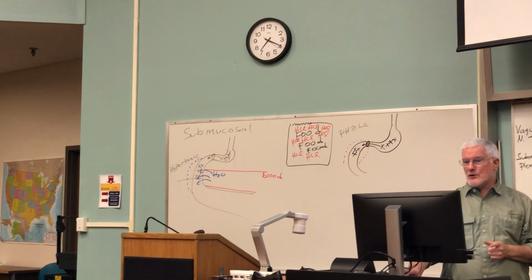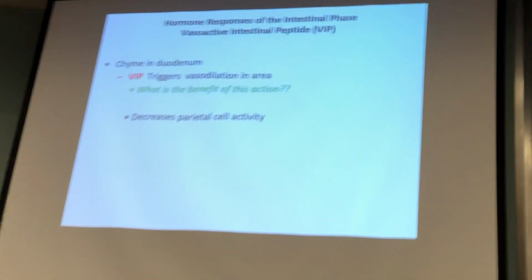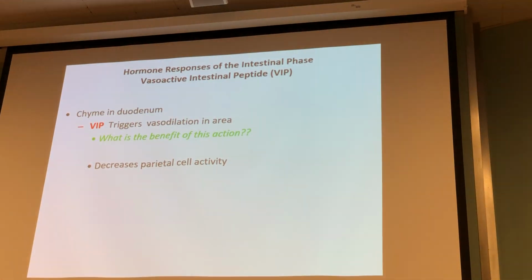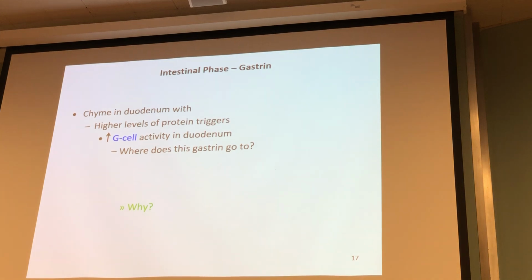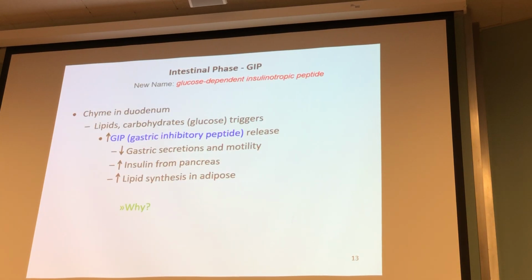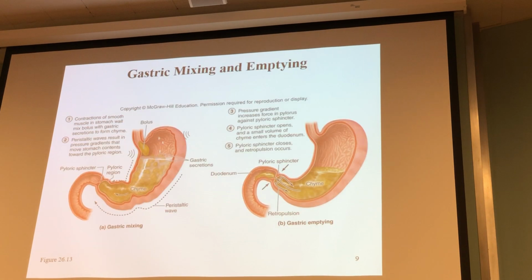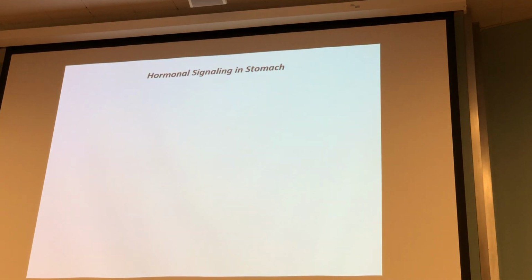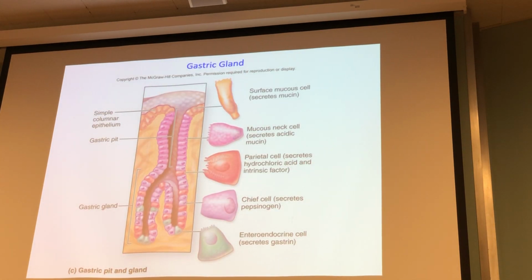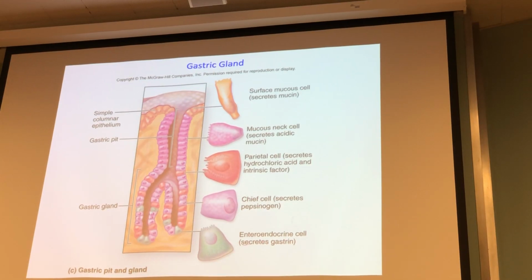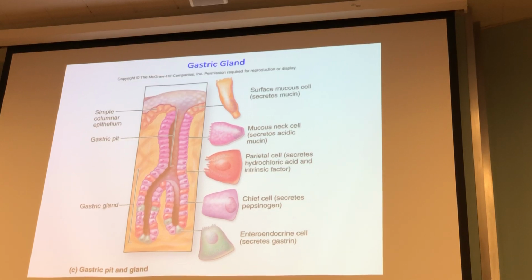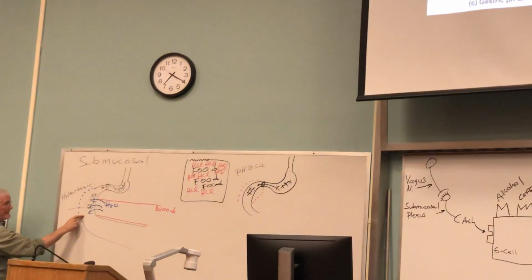All right, so we are going to walk through the following slides: the VIP, the GIP, the CCK, the secretin, and gastrin. Those are all different hormones coming from cells that are lining your small intestine, called enteroendocrine cells. They're not just in the stomach, but those enteroendocrine cells are going to be lining my duodenum.